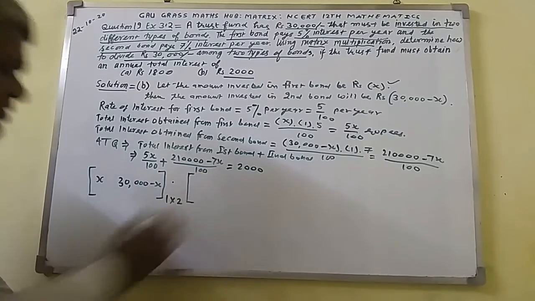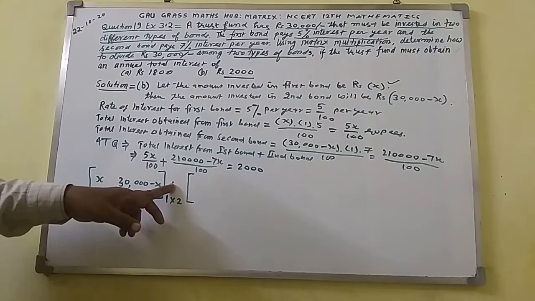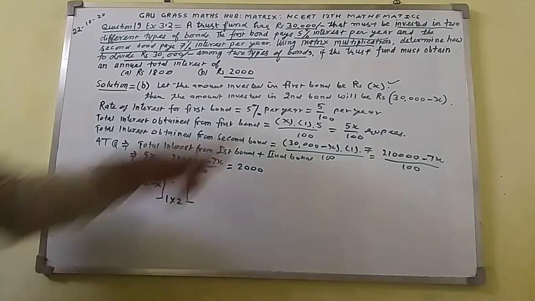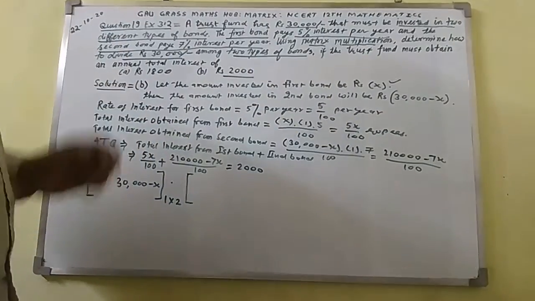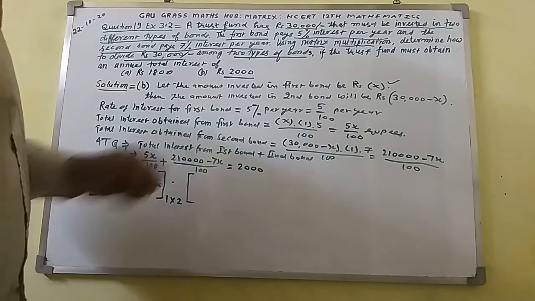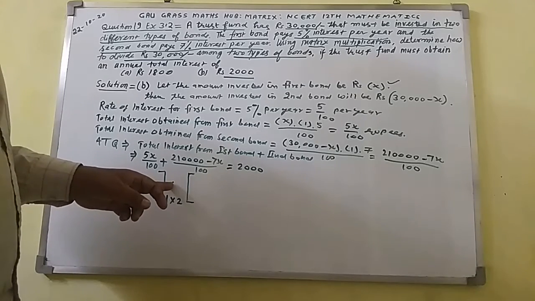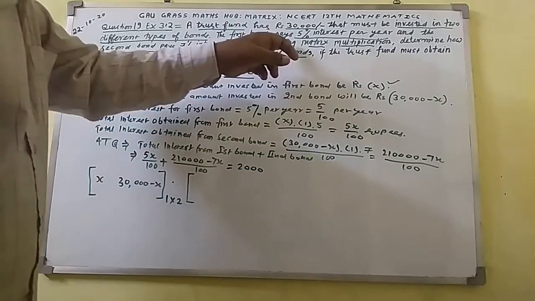Why is the multiplication sign fixed here? Because the question says using matrix multiplication, which means this matrix and this matrix will be multiplied together.